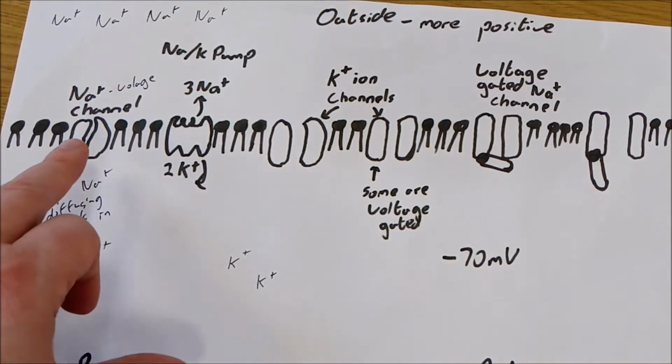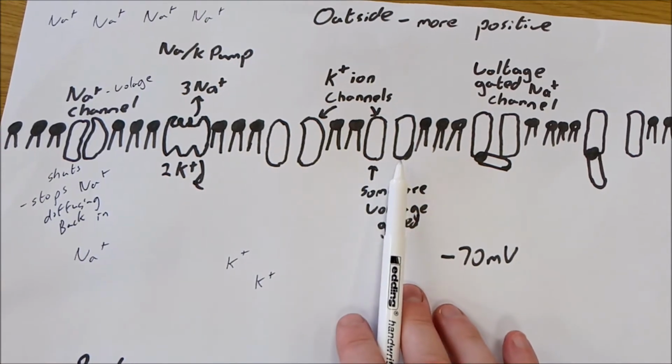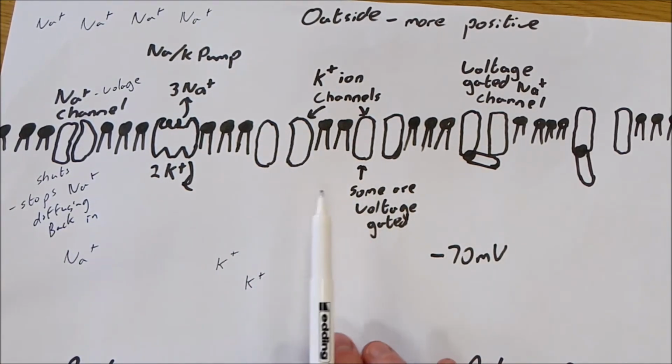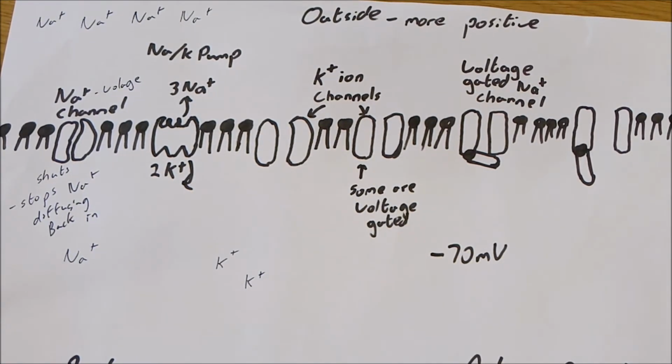Right, so now our sodium ions can't diffuse back in. At the same time, we've got these voltage gated channels, some of them are voltage gated, some of them aren't, but for the sake of what we're talking about, we'll just talk about the voltage gated ones.